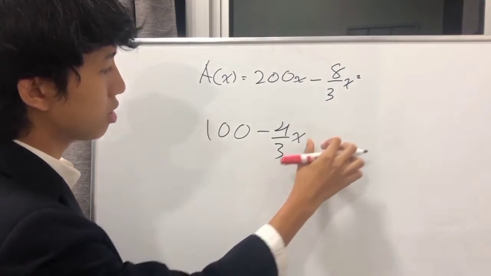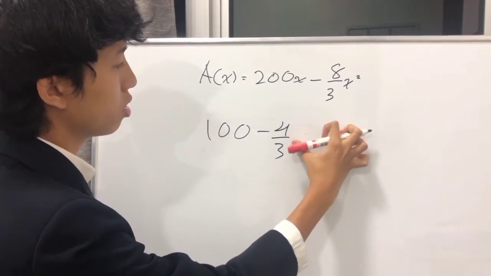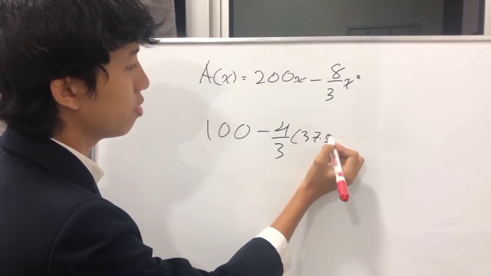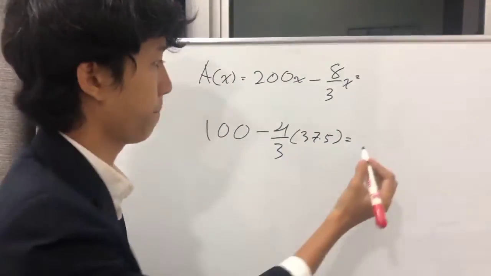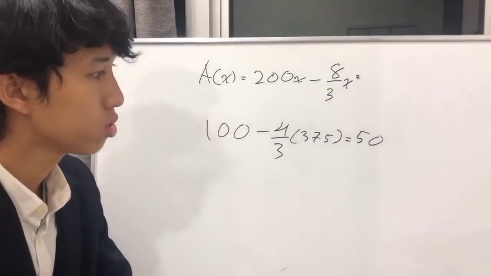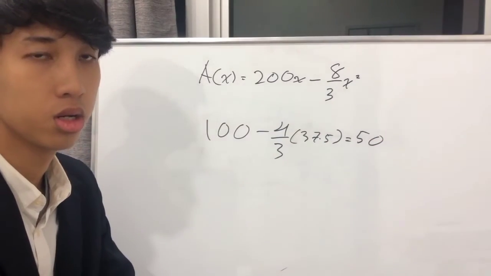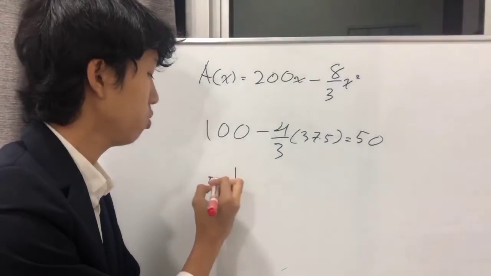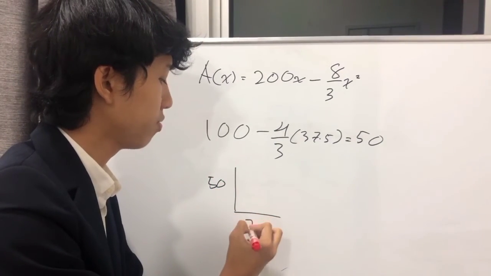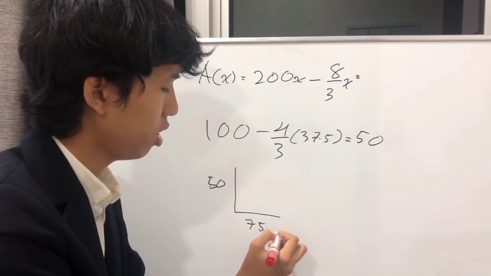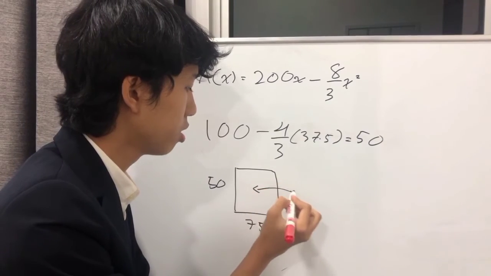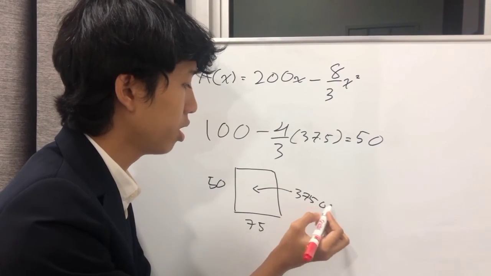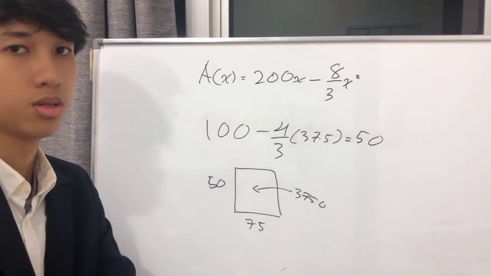If we plug in x with 37.5, the value will be 50. So the rancher will build a corral with 50 width times 75 length, and the area will be 3,750 square feet.